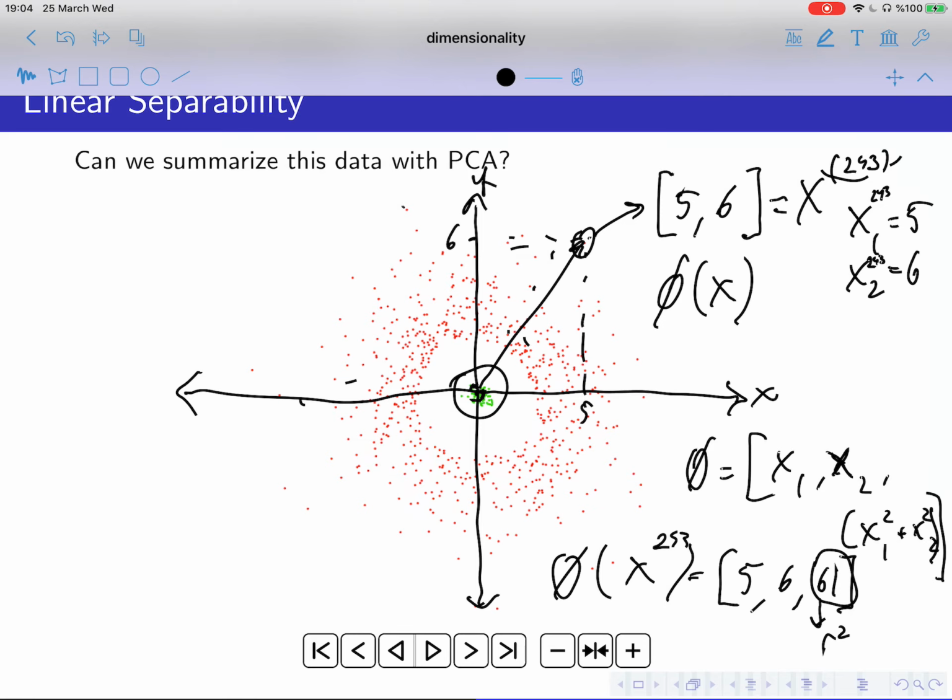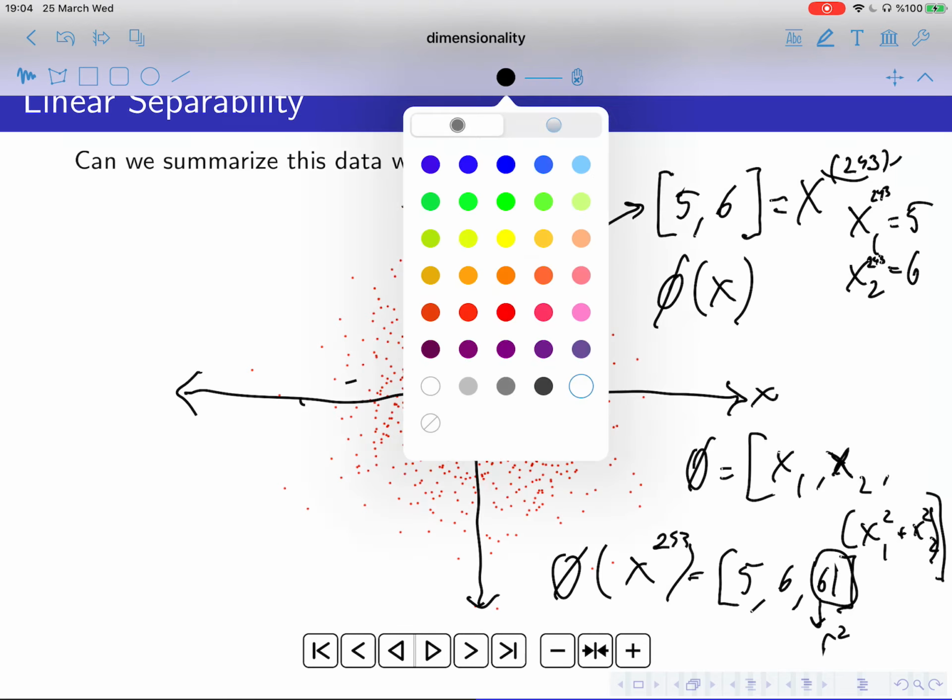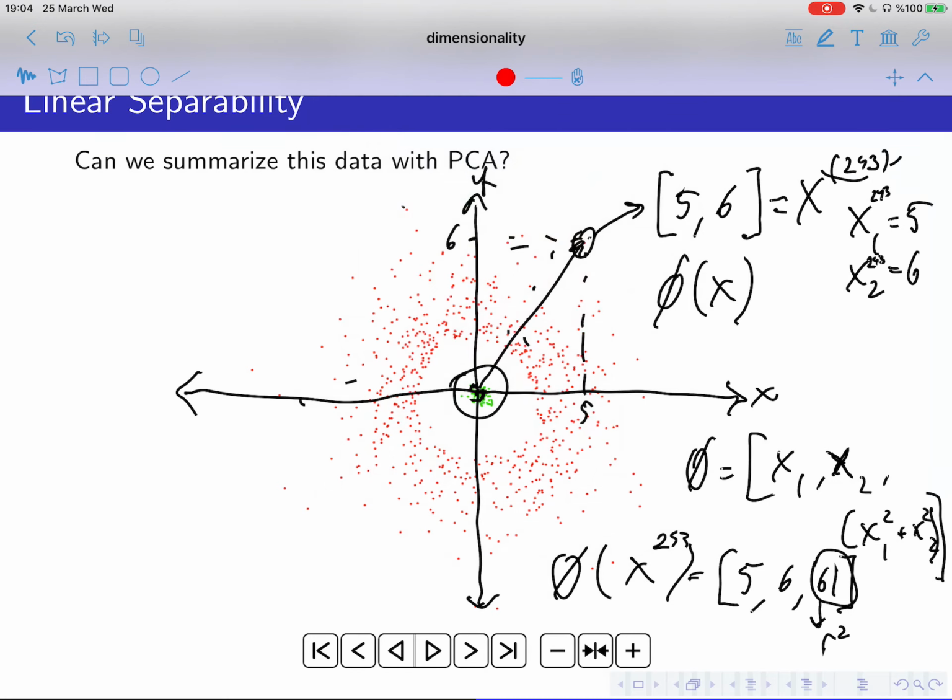So when you look at it, if I try to plot this data on the third dimension, we're looking at the first two dimensions, x1 and x2, and I plot them in a separate plot against x3, sorry, this pen doesn't work as well as I hoped.